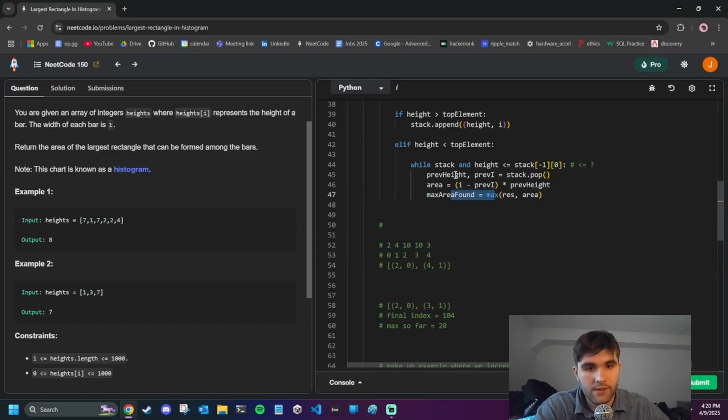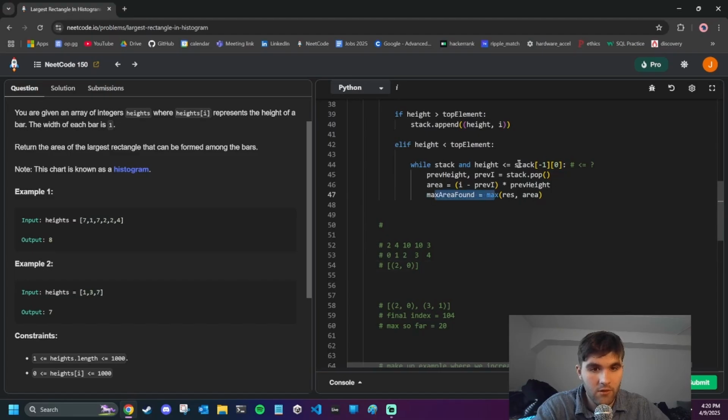And then we'd store that, we'd say, all right, 3 is still less than or equal to this. So we will add, so we'll say previous I, so area equals 4 minus 1, so 3 times 4, which is 12.